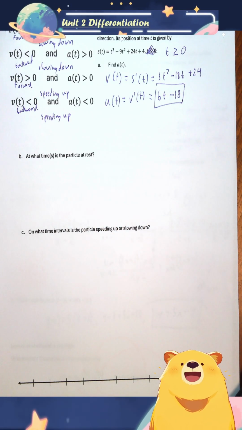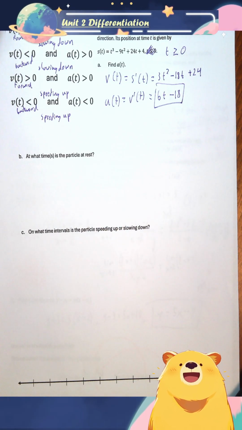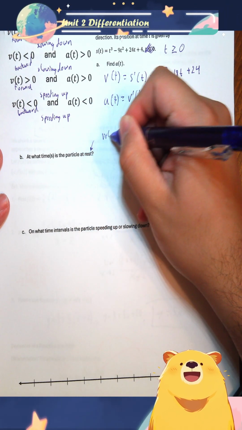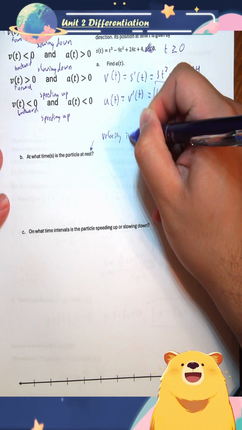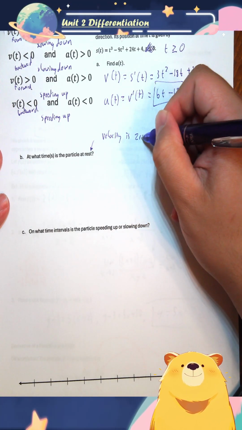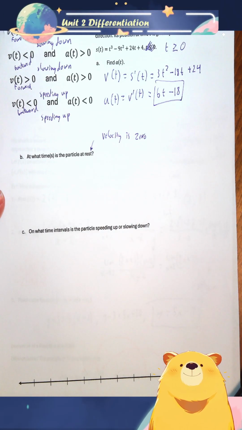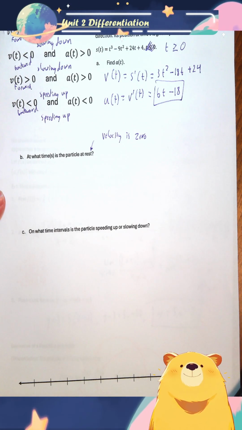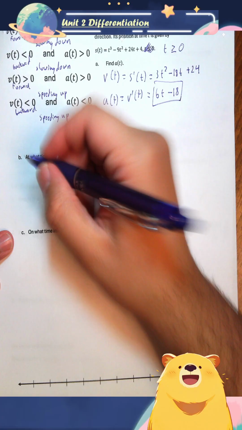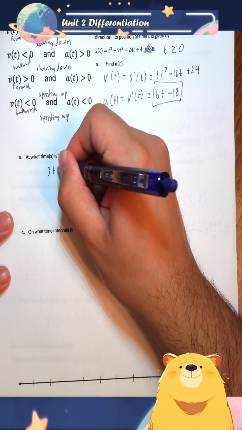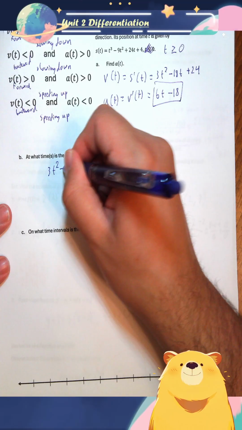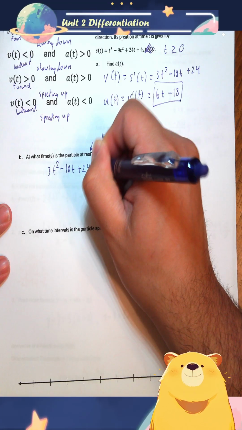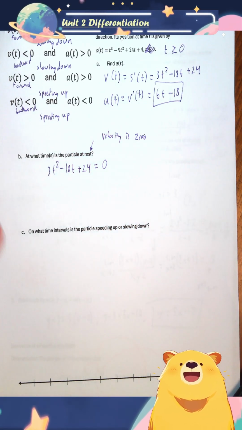B, at what time is the particle at rest? More specifically, what are the times that the velocity is 0? So the velocity is going to be 0. We set up 3t squared minus 18t plus 24 equal to 0, and we have to solve for t.